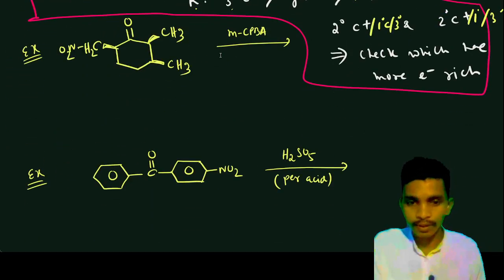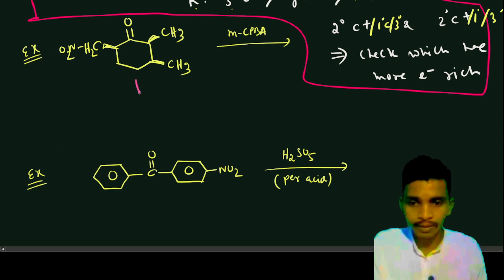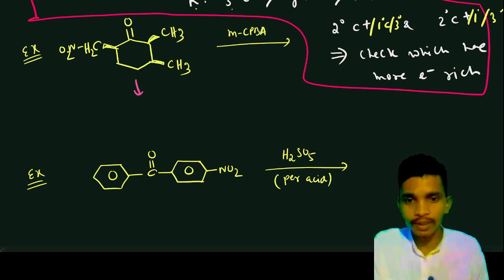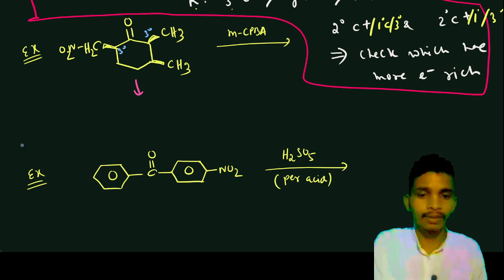Likewise, how can we solve this example? Here both are 3-degree carbocations. If both are 3-degree, or both are 2-degree, or both are 1-degree, then we check which is more electron rich.